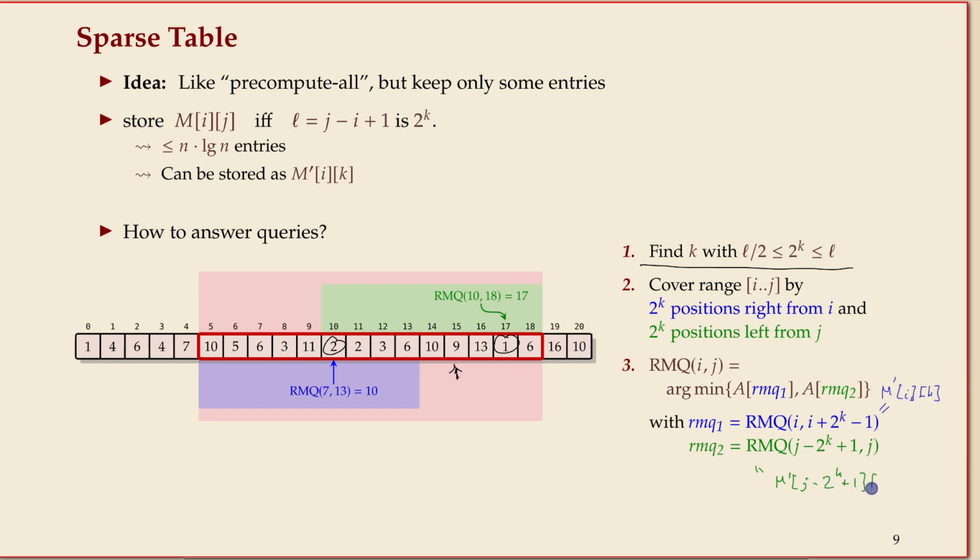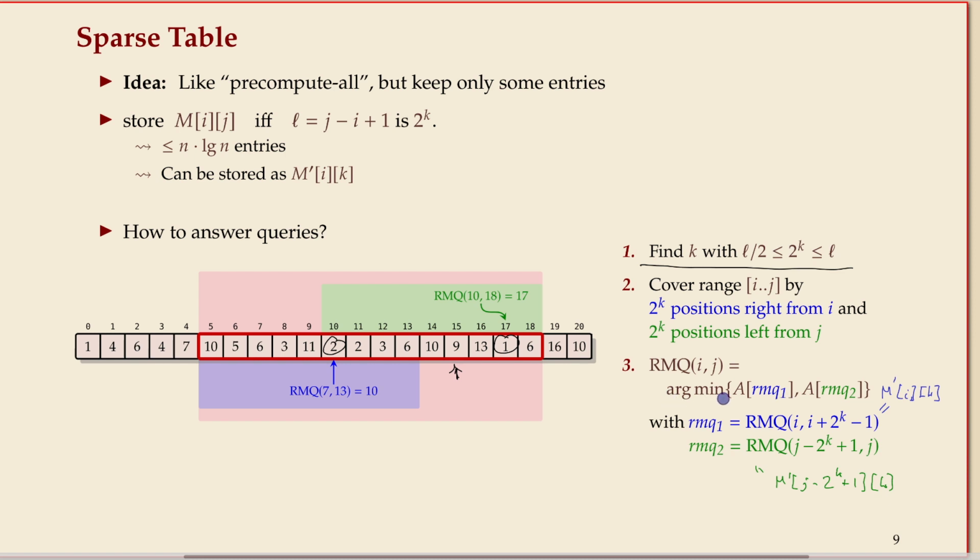A bit less nice, but still it's just some number that you can compute. So these two elements you can look up. That's two indices in the array, maybe 10 and 17. And then you do this check. You find the values in A, do one comparison.